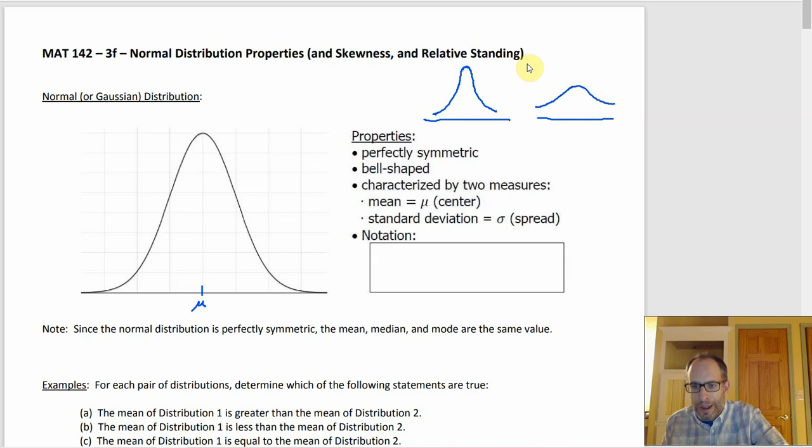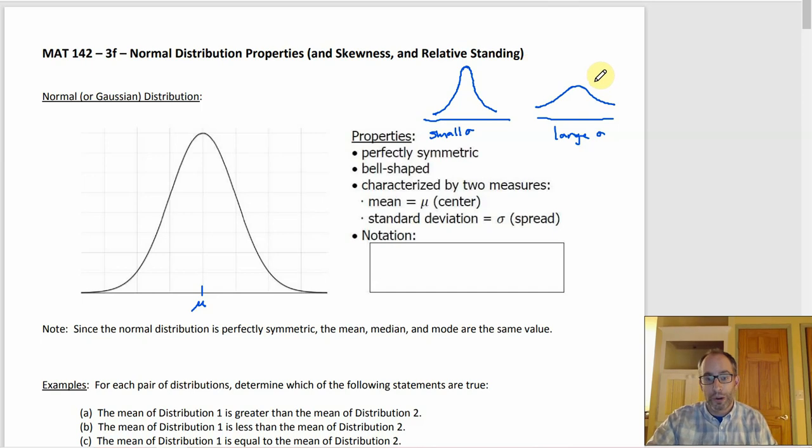So something like that, and this would go way out on both sides. So I guess this would be large standard deviation, and this would be small standard deviation.